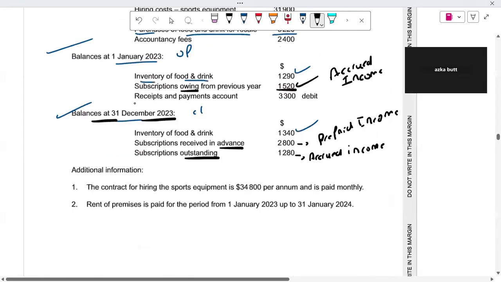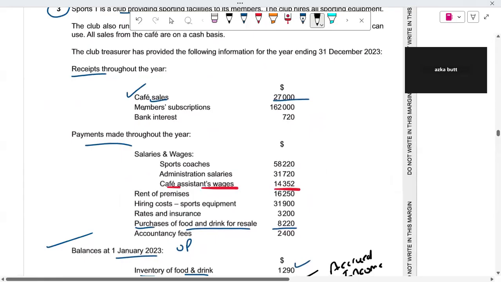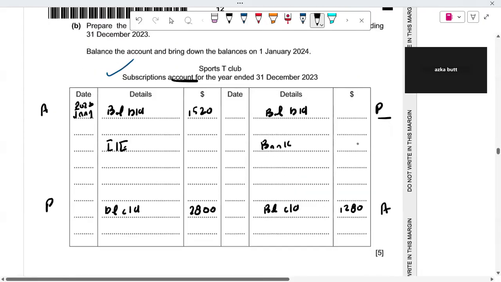Okay, so now let's see how much. As you can see, in the receipts, there's a member subscription which is 162,000. And we don't have the balance for income and expenditure.